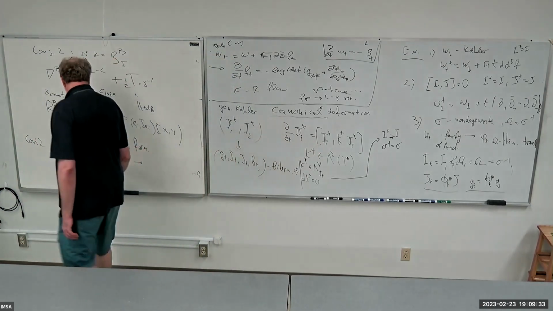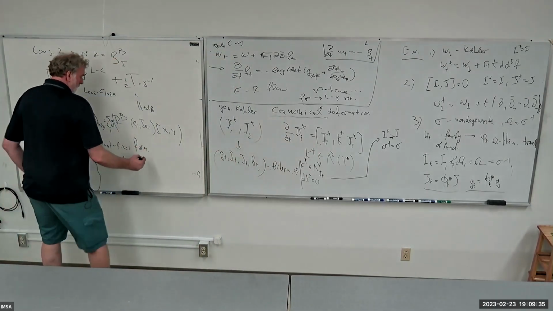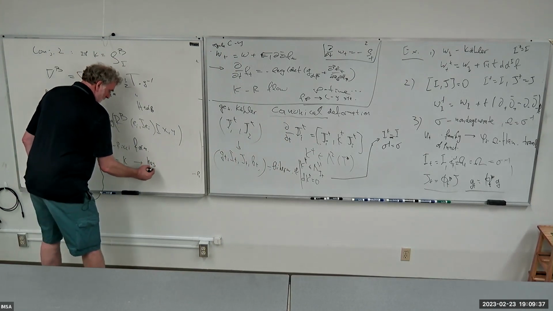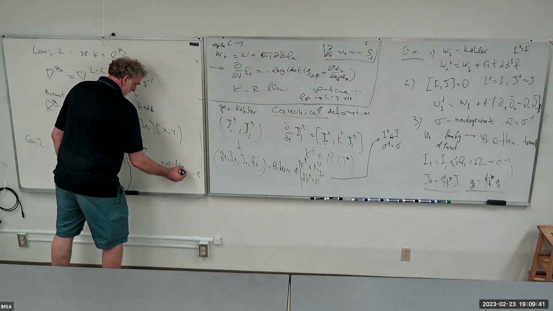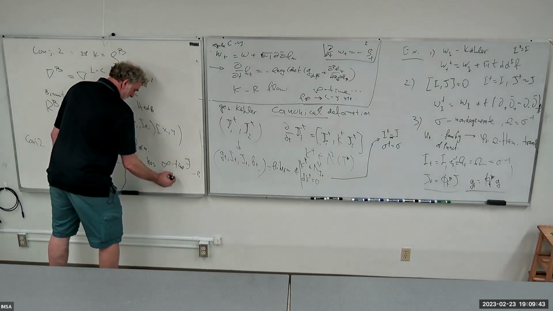The canonical deformation rho BI has infinite time existence as a flow.